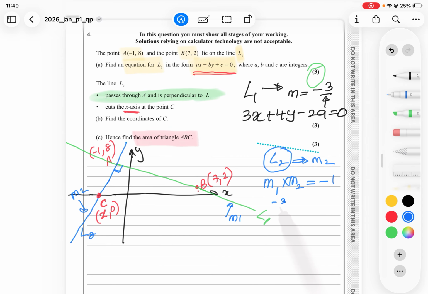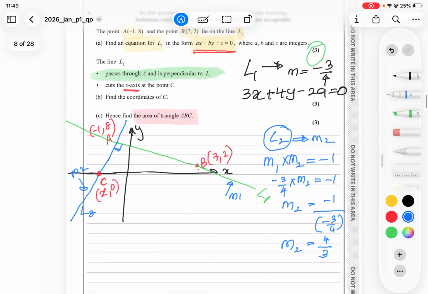So negative 3 divided by 4 times M2 equals negative 1. So our M2 would be negative 1 divided by negative 3 divided by 4, M2 would be 4 divided by 3. So now we have the gradient for this line.